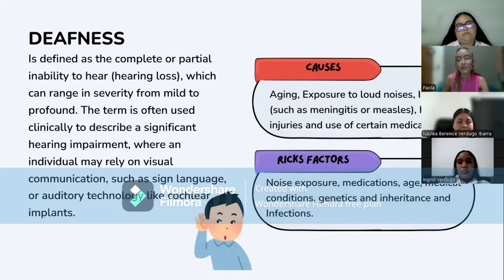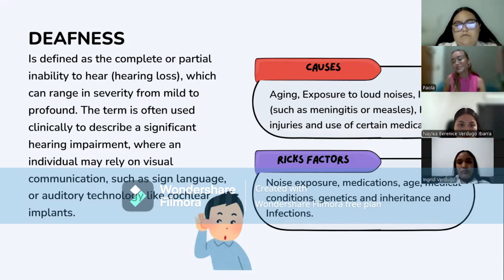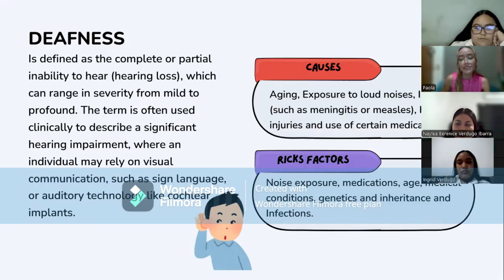Some causes are aging, exposure to loud noises, infection, such as meningitis or measles, head injuries, and use of certain medications. Risk factors: exposure, medications, age, medical conditions, genetics, inheritance, and infections.